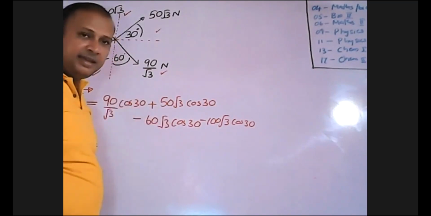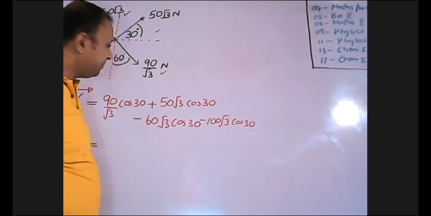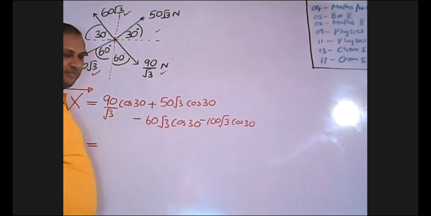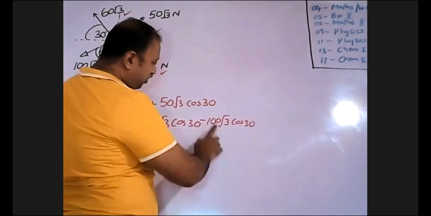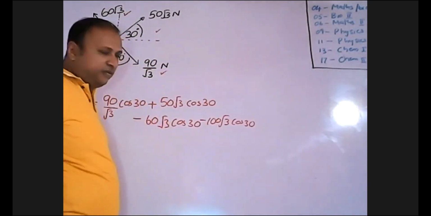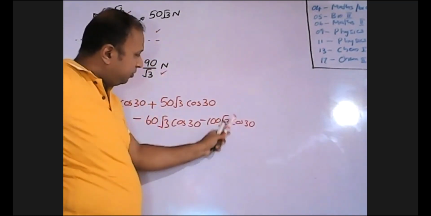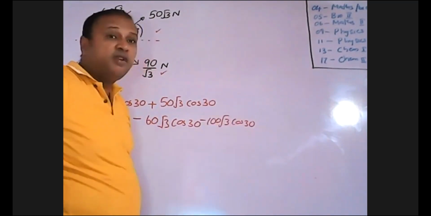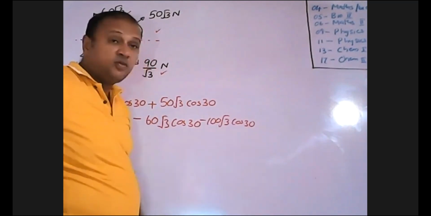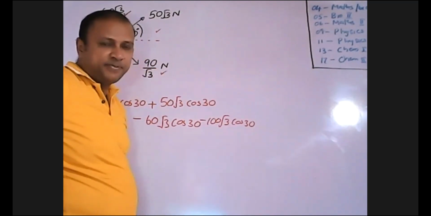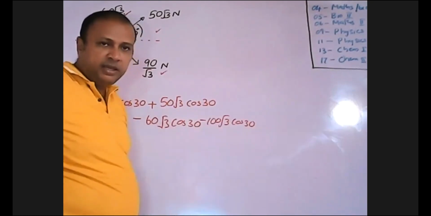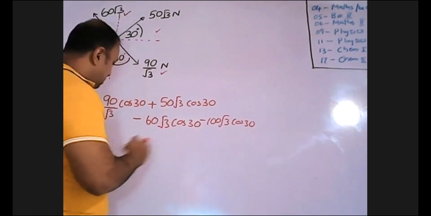Then how much is this? 50 into 3, root 3 over 2 means 50 into 3, that means 150. 30 minus 150, that means minus 120.